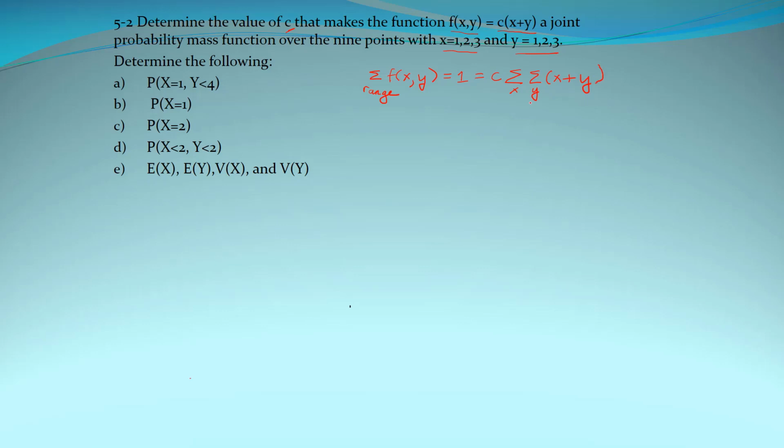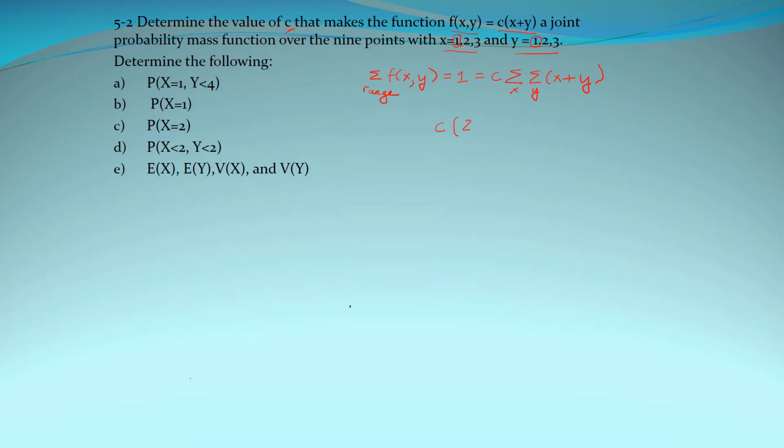So let's just do that. We'll say c times a sum. The first one is x plus y, where x is 1 and y is 1, so x plus y is 1 plus 1, which is 2.